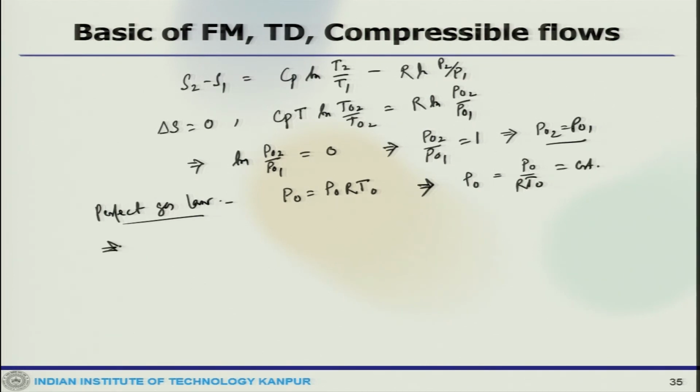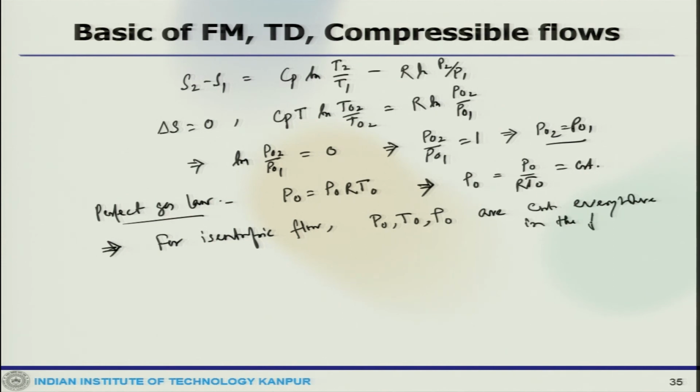So, this brings to a very important conclusion that for isentropic flow, P0, T0, rho naught are constant everywhere in the flow.